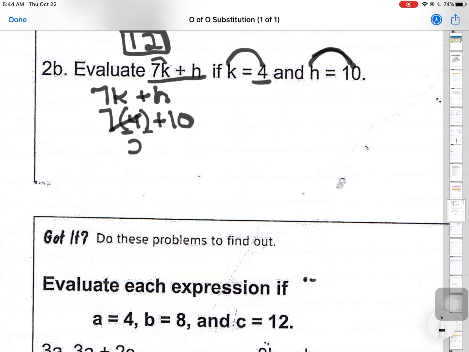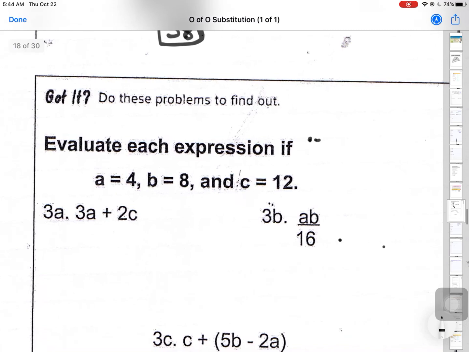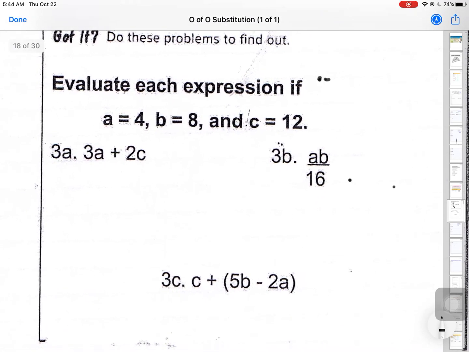Multiplication, there it is. 7 times 4 is 28 plus 10. Now we're down to just one operation. 28 plus 10 is 38. I really like order of operations. I think it's super fun. I hope you do too.